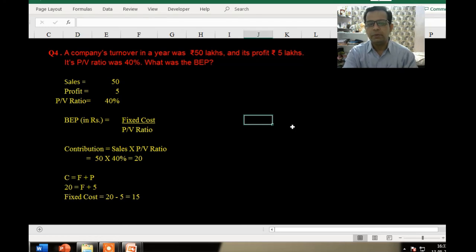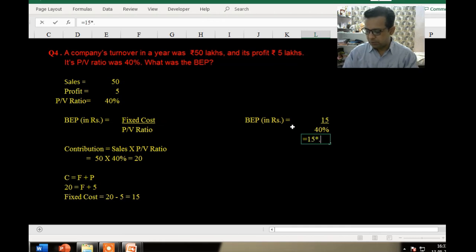Let's calculate our BEP here so that we have the complete answer on the same screen. I want to calculate my break-even point in rupees. My fixed cost, what we just calculated, is 15 lakh. And this I need to divide by my PV ratio, which is 40%. Sorry, divided by.